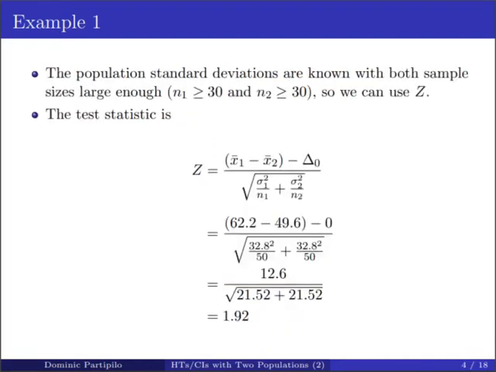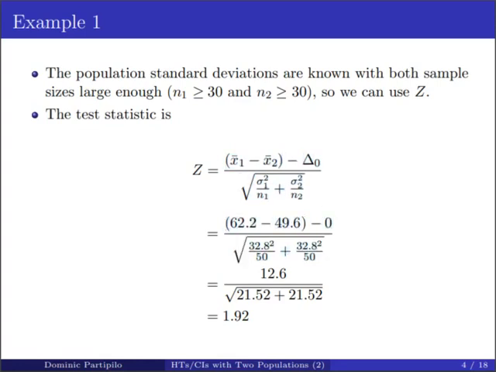Since the population standard deviations are known, and both sample sizes from our random sample were greater than 30, we know we can use z here. So the test statistic is going to be this. This was our formula that we came up with in the previous video. We actually have all of this information already. We listed it out at the very beginning of the problem. So when we plug all of this in, we're going to come up with something like this.